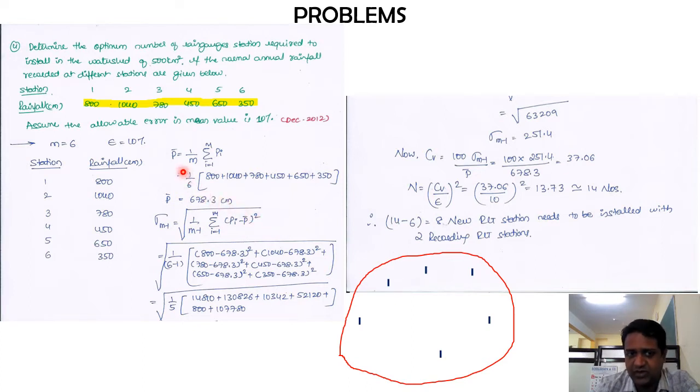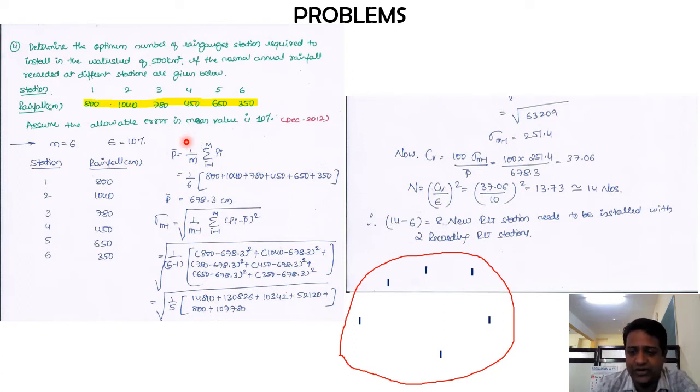Now the denominator consists of this P bar. P bar is 1 by m times the summation of i varying from 1 to m of Pi, which indicates our arithmetic mean.